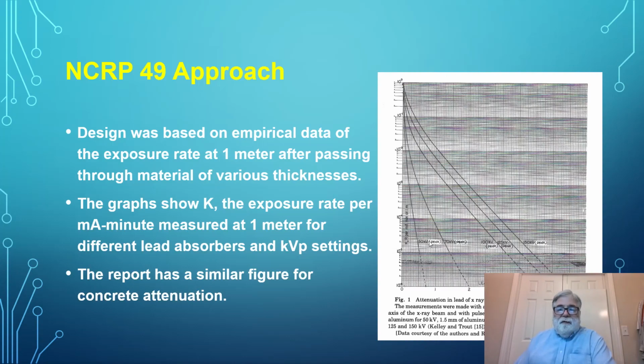These are curves, each one characterized by a different tube voltage. This is 50 kilovolts, this is 70 kilovolts, 100 kilovolts, 125 kilovolts, 150, different tube potentials, and then what the attenuation is.